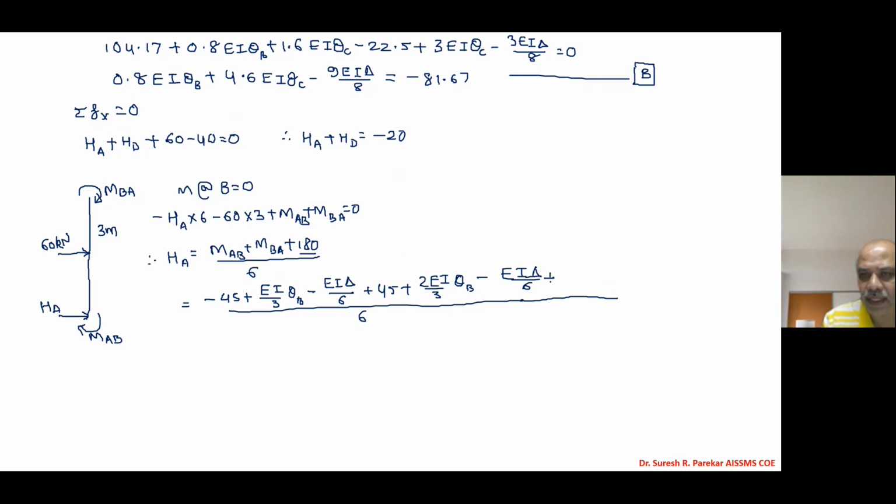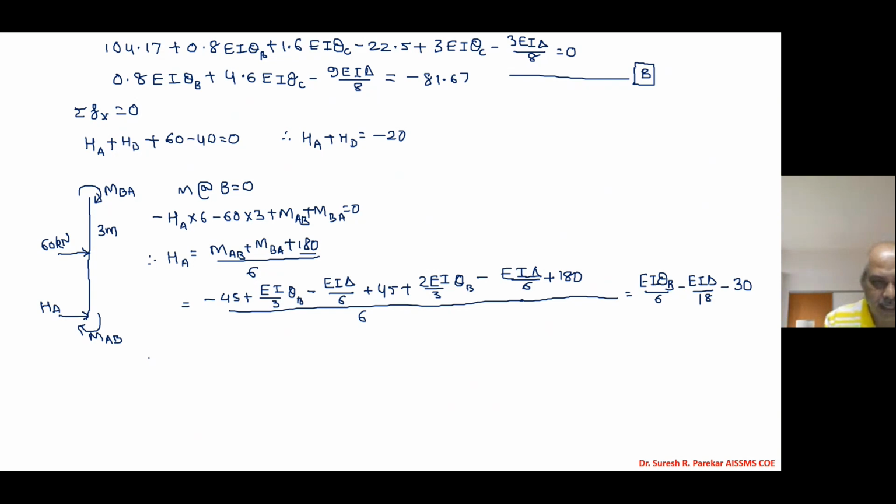So plus 180. And then we will get this equation: EI theta B by 6 minus EI delta by 18 and minus 30.